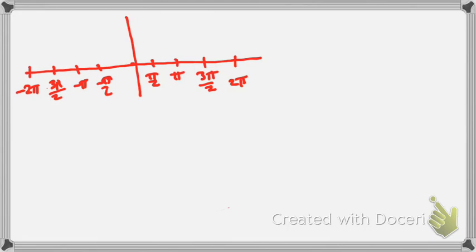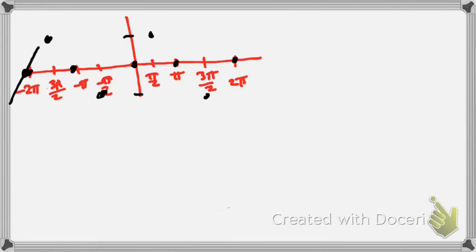Now I'm just going to plug in my points. I'll do this in a different color. Negative 2 pi was at 0. Negative 3 pi over 2 is at 1. Negative pi was at 0, and then negative 1. And then 0, and then 1, and then 0, and then negative 1, and then 0.